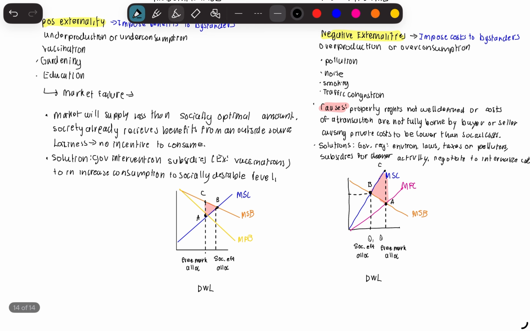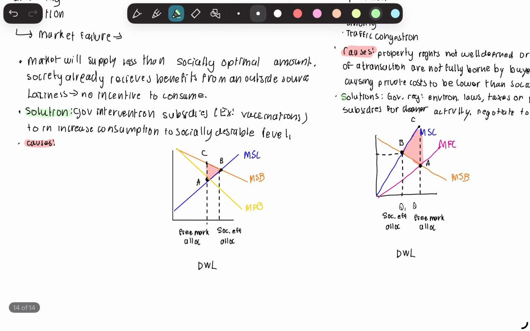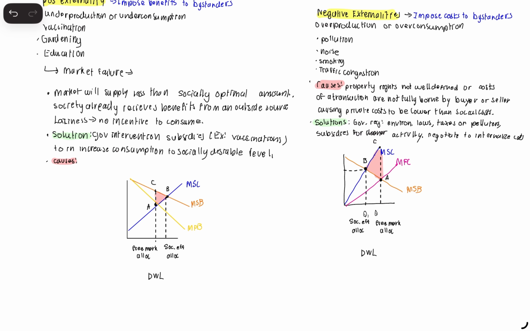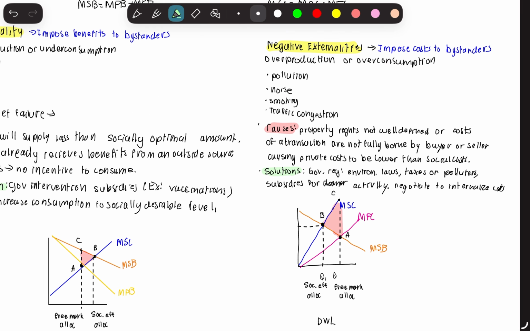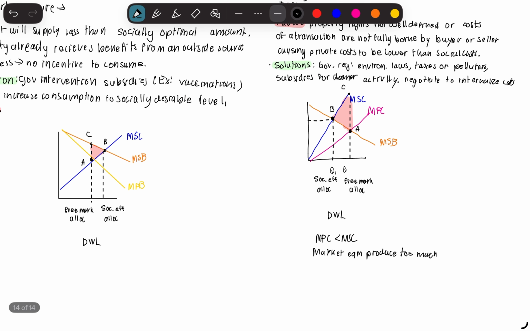So again, in negative externality, you are going to have an MPC less than your MSC. Your fix is usually a tax.